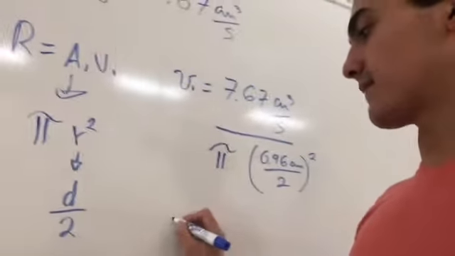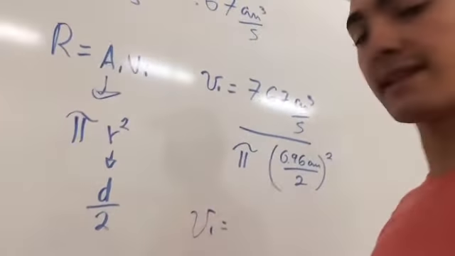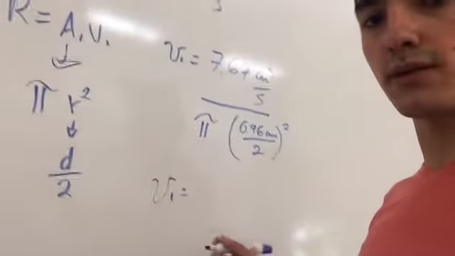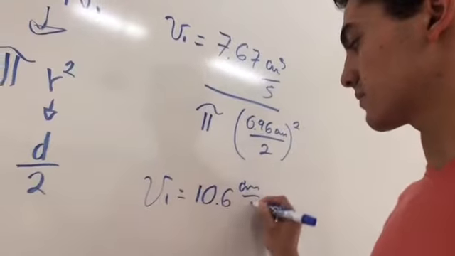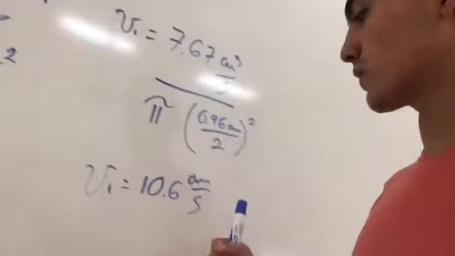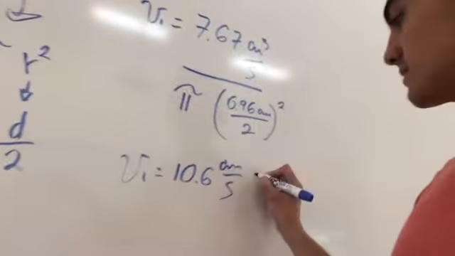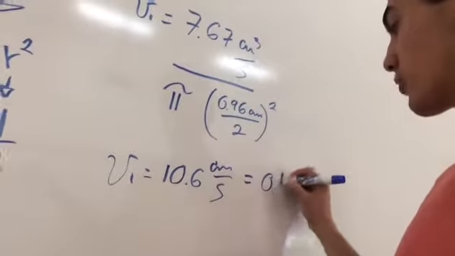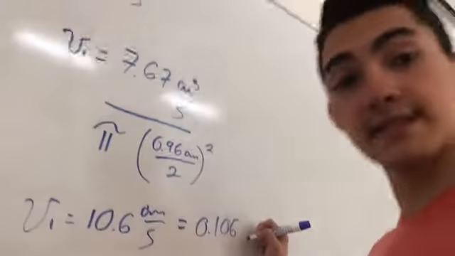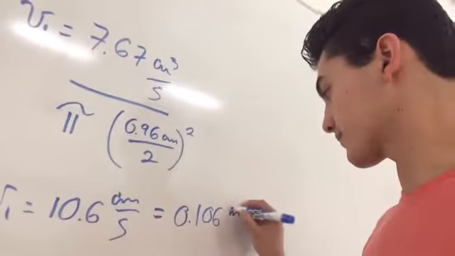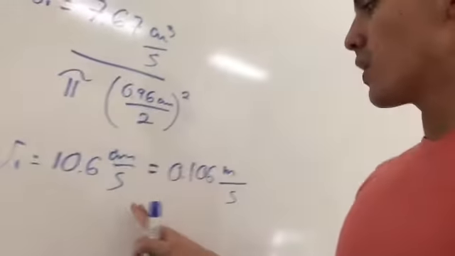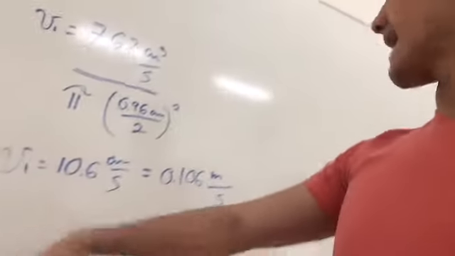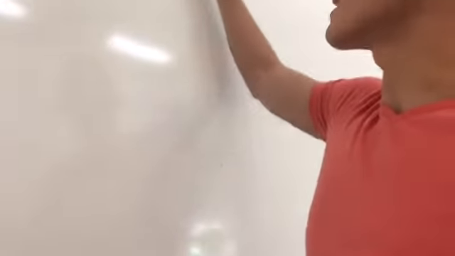Once we get the velocity 1, we will get that the value of the velocity 1 will be 10.6 centimeters per second. Then this means it's 0.106 meters per second, okay?